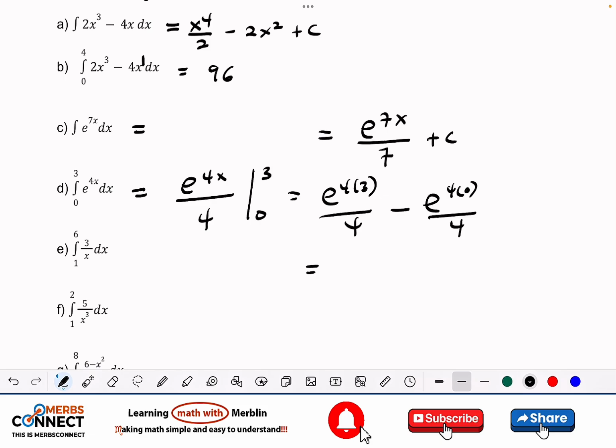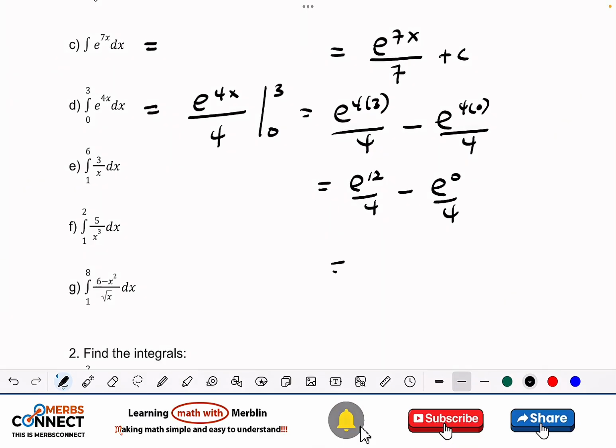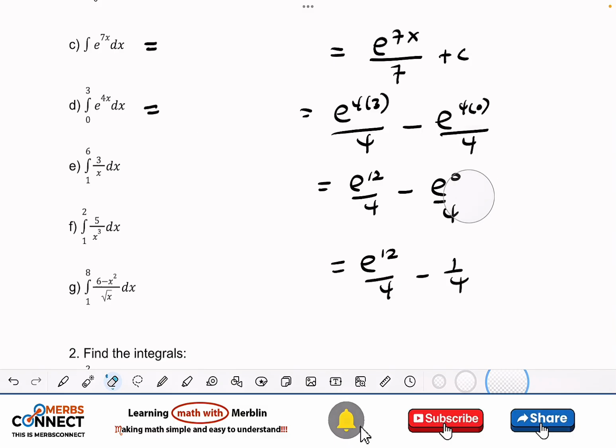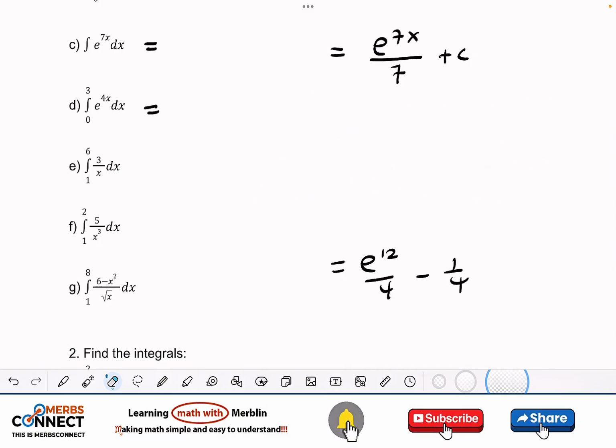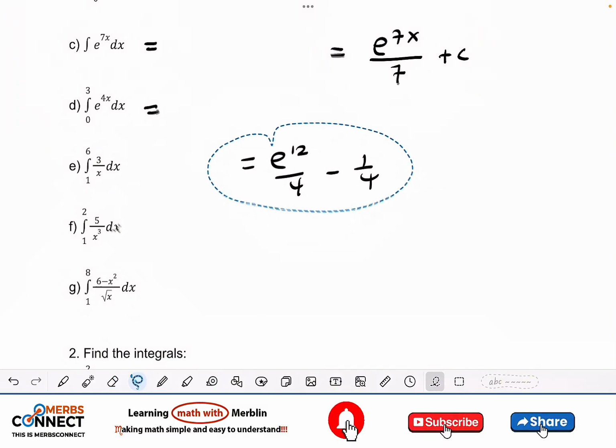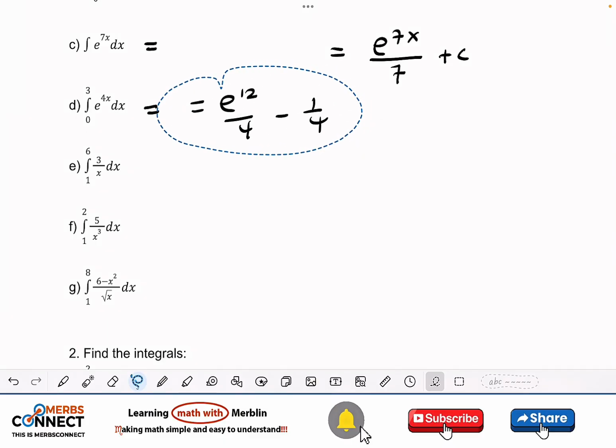So this is going to give us e to the power 12 divided by 4, minus e to the power 0 divided by 4. e to the power 0 is 1, so I'm going to have e to the power 12 divided by 4, minus 1 over 4. I'll just leave the final result in this form. I'm not going to do anything more because when we are writing an exam, there's no calculator, so we don't need to do the evaluation there. So this is what we are going to get for the d as well.